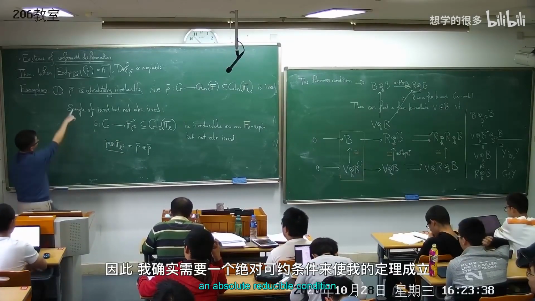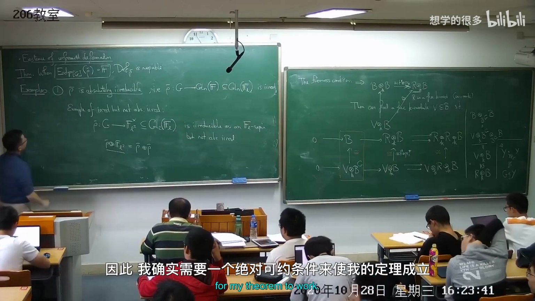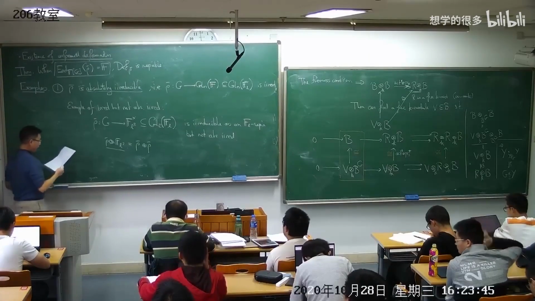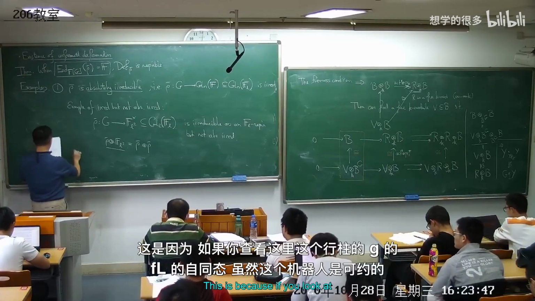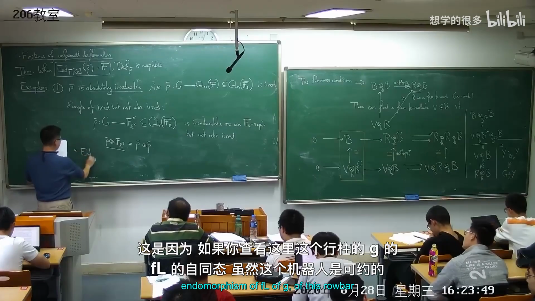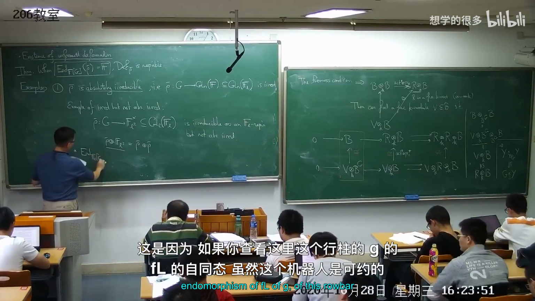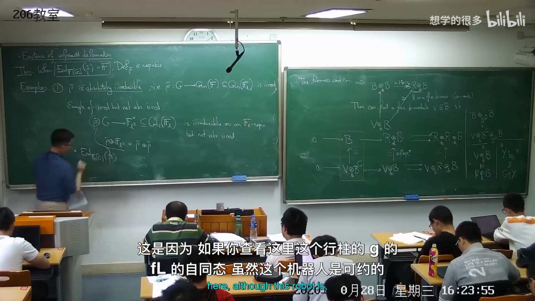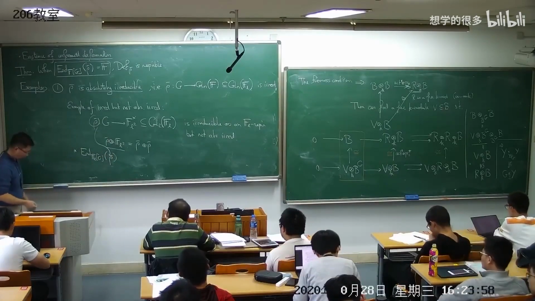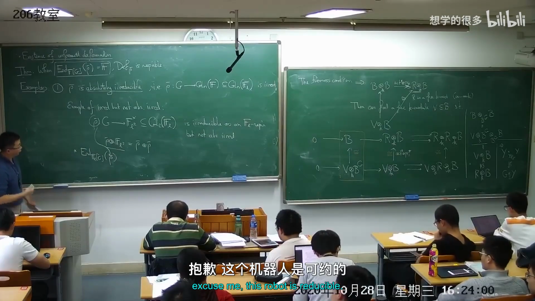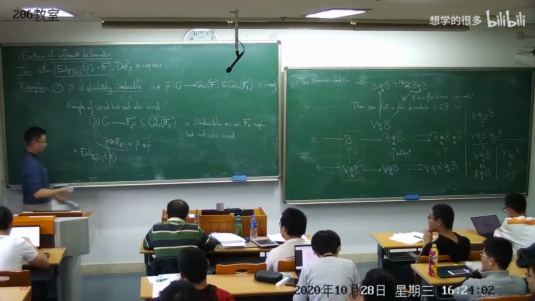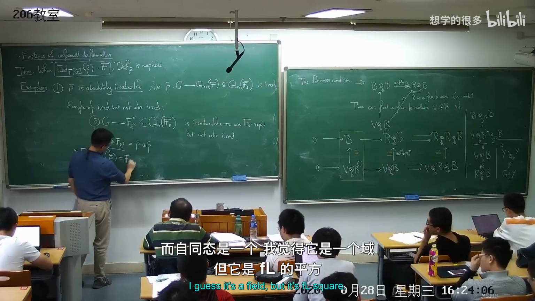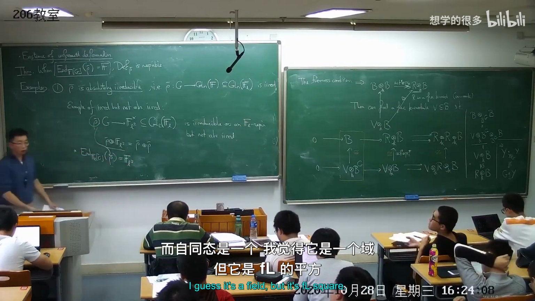So I do need an absolute irreducibility condition for my theorem to work. This is because if you look at the endomorphism ring of this rho bar, although this rho bar is irreducible, the endomorphism ring is a field, F_l squared.